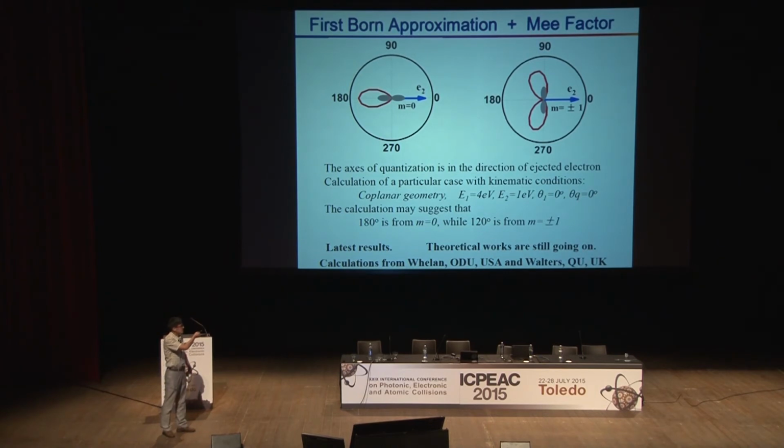So this calculation may suggest that the observed structures in our experiment may arise from the different magnetic sublevels of the 2p state. This is a very latest result, and the theorists are still working on it. They will calculate TDCS for different kinematic conditions to check what the result will be.